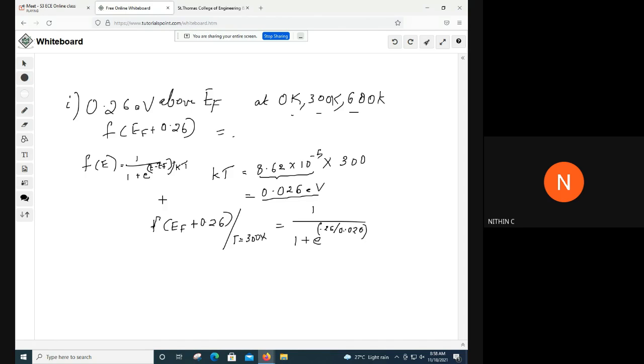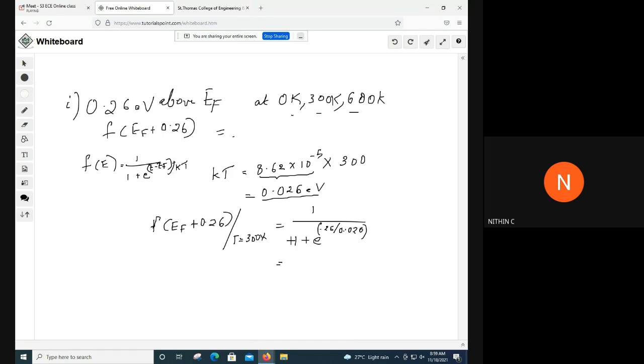Instead of E minus EF, we have EF plus 0.26 minus EF. So EF will get cancelled, and in the numerator you will have 0.26 divided by the kT value, 0.026. So it will be 1 by 1 plus e raised to 0.26 by 0.026. What will be the answer for this? What is the answer? Do it with the calculator.